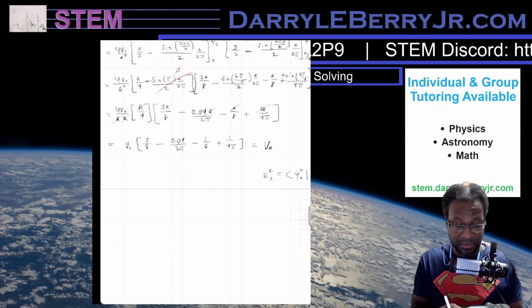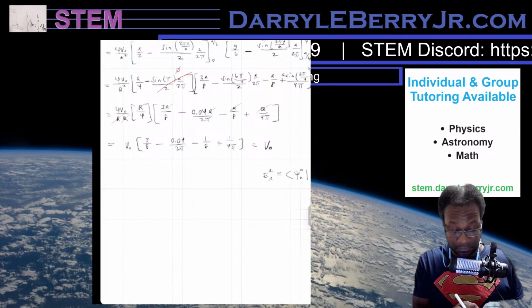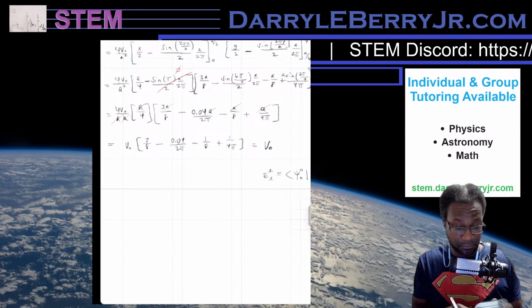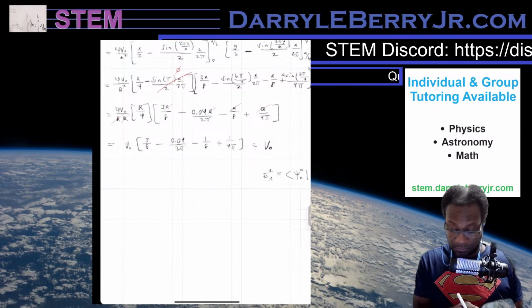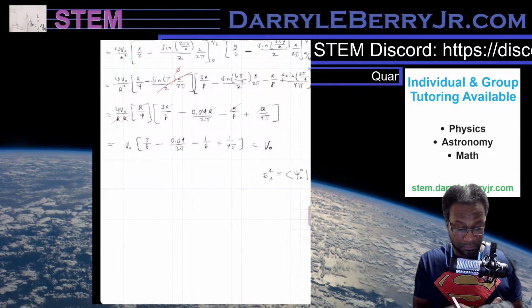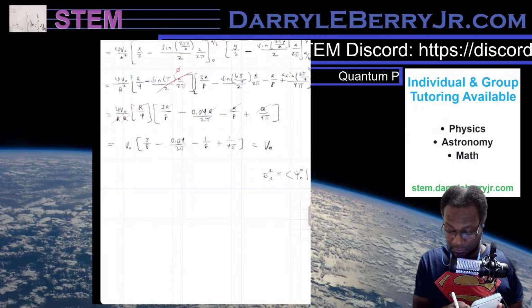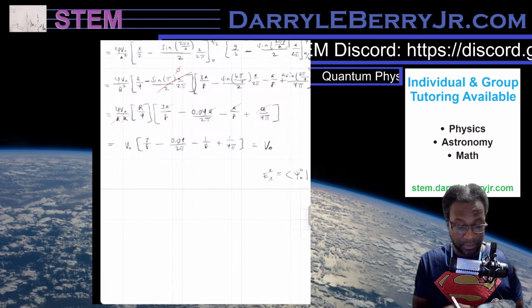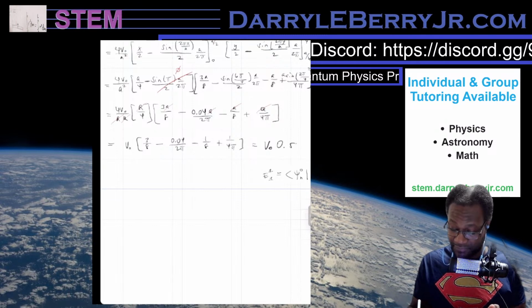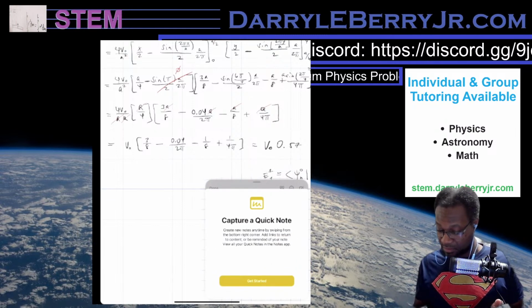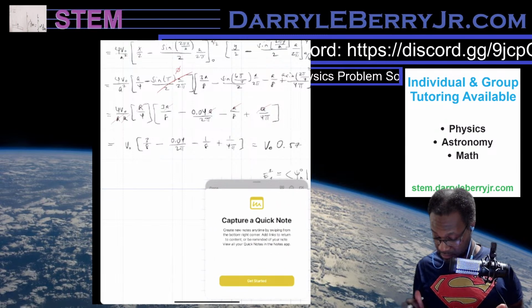Now let's see what that is. Right, so that's not too bad. 0.57 v naught.